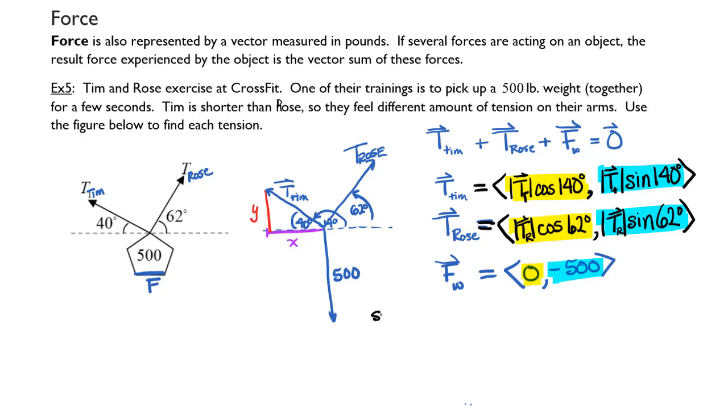First, let's start with the equation for x. This gives me the magnitude of the tension for Tim times cosine of 140 degrees plus the tension magnitude for Rose times the cosine of 62 degrees. Adding the force downward, which is 0 in the x direction, we get 0.